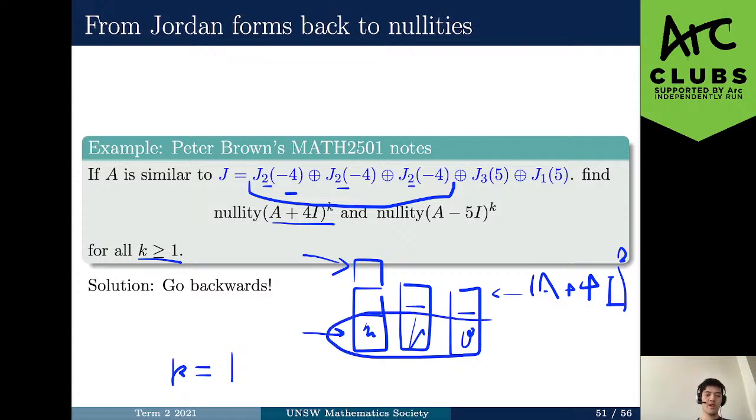So there are 3 eigenvectors for A, and so for k equal to 1, the nullity of A plus 4I would be 3. And if k is equal to 2, we're looking for all of the linearly independent vectors that are in the kernel of A plus 4I squared. Well, anything that's an eigenvector will also be in that kernel. In addition, we have these 3. So in total, we have 6.